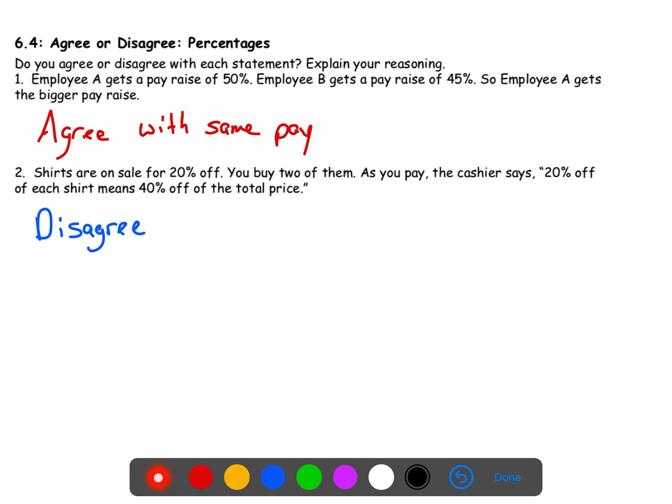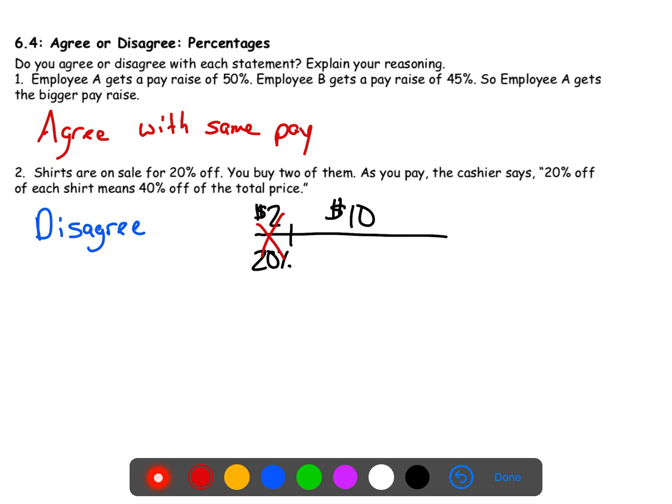If we had a shirt that cost $10, 20% of that would be $2. Let me do that a little differently. $2 is 20%, so this shirt is going to have 20% taken off.